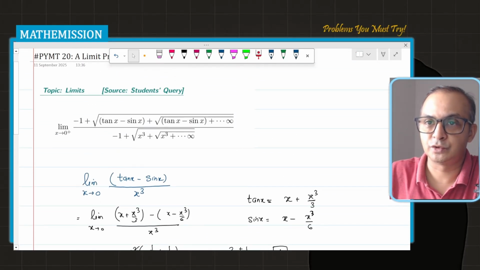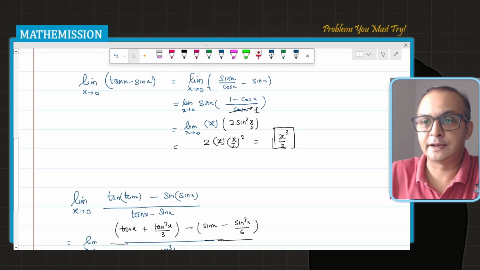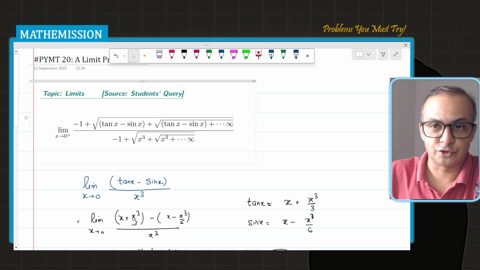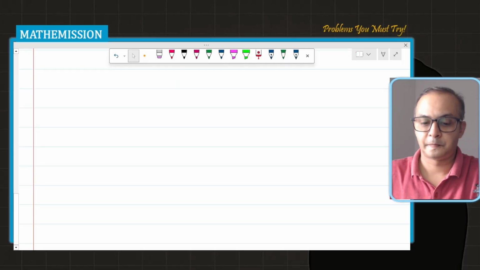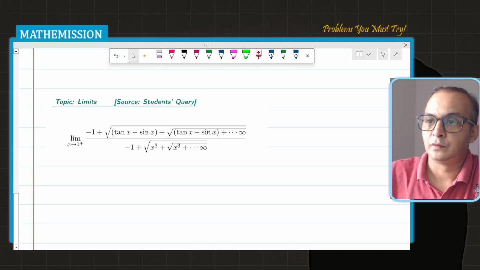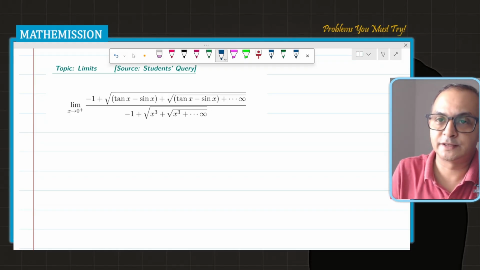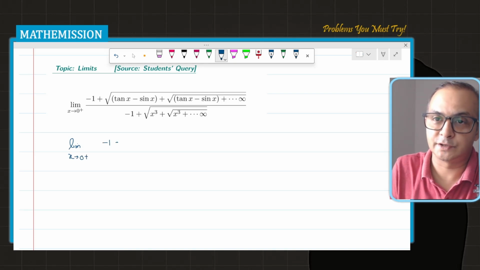Now we go back to this question. How do we apply this whole technique we have learned to find the exact limit of this question? What we can do better is this. You notice that we are dealing with this situation. Limit x approaches 0 plus, I have minus 1.